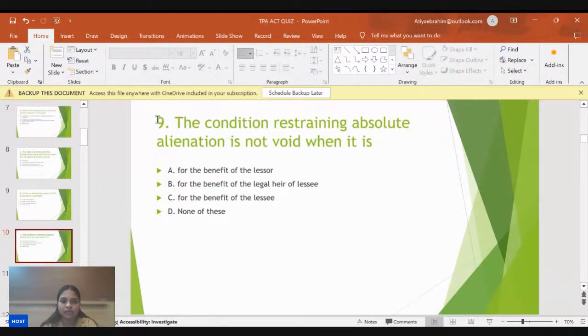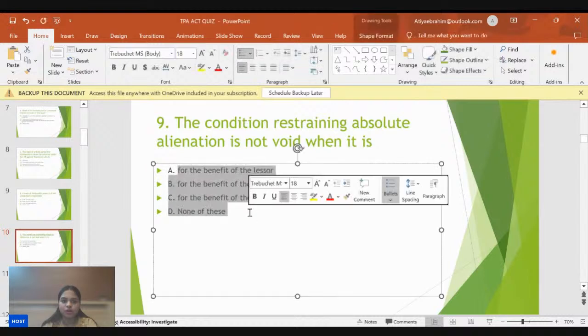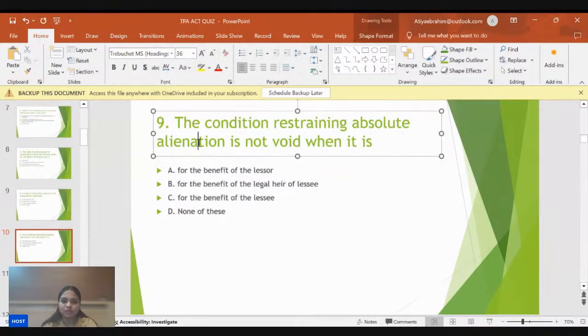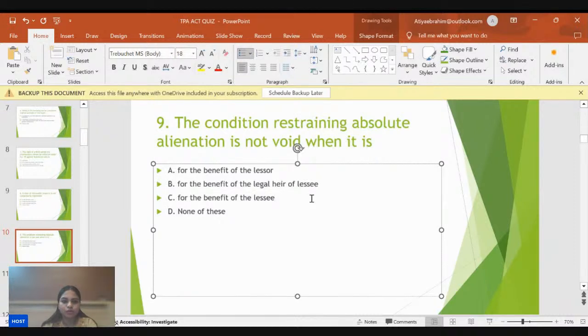Question number 9. The condition restraining absolute alienation is not void when it is, see the options, for the benefit of the lessor, for the benefit of the legal heir of the lessee, for the benefit of the lessee, none of these. What will be the correct answer to question number 9?